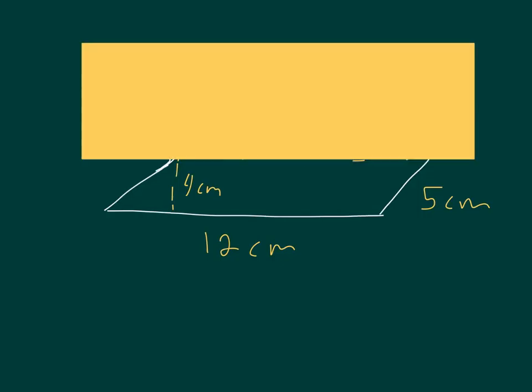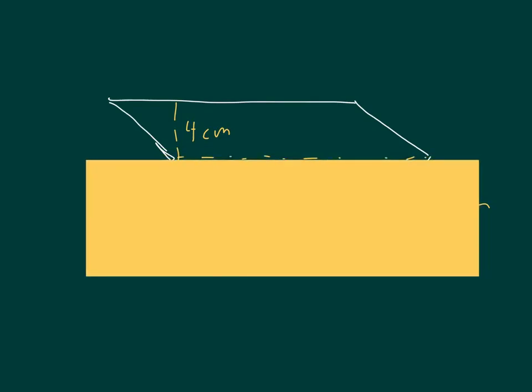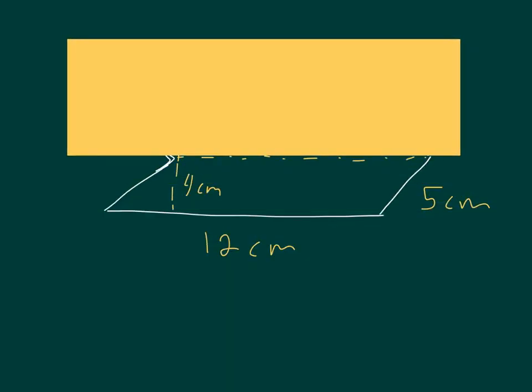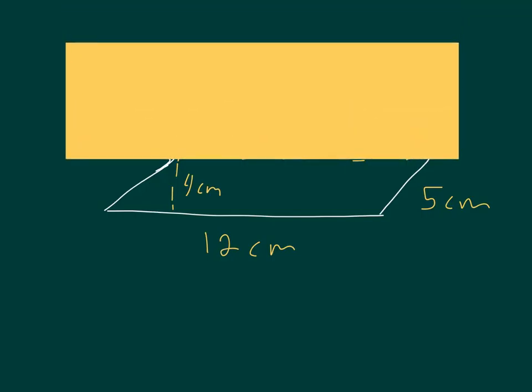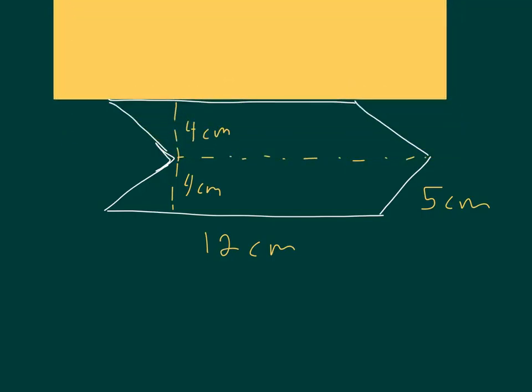If I look at it like this, I can see that I have a parallelogram with sides of 12 and 5 and a height of 4 centimeters. And if I move this and I look again, it's going to be the exact same thing. So I can solve the area for one parallelogram and then double that to find the total area.